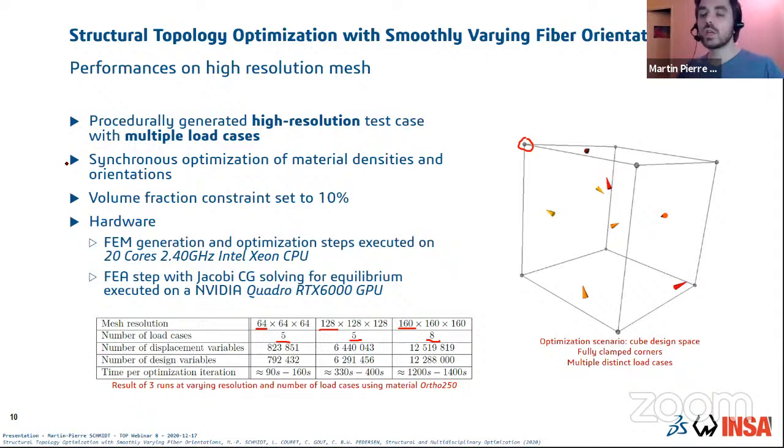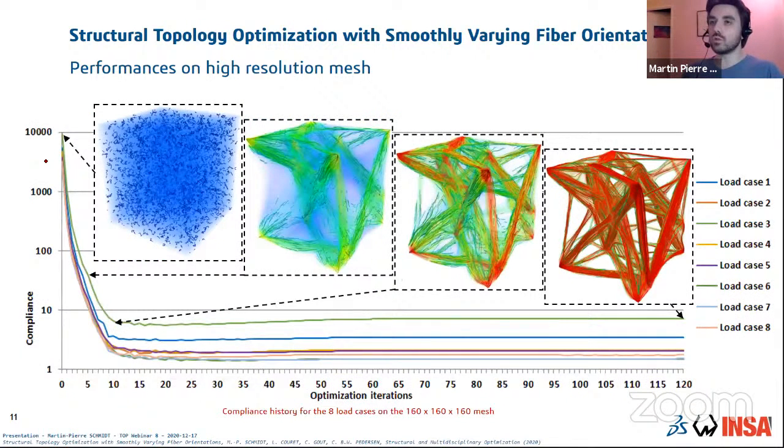And if we look at the actual result as it's being optimized, in the first iteration it basically looks like a blue fuzzy sheet, because we initialize the density field as a uniform value, and the orientation field is initialized randomly in 3D. That gives us this starting position, and then after about 10 iterations, the compliance drops very sharply.